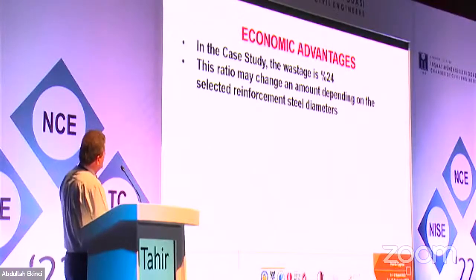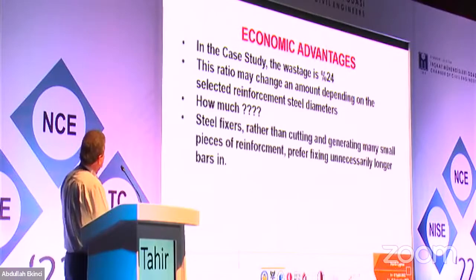This ratio may change depending on the selected reinforcement steel length. Of course, with larger diameter, relatively more change. But how much? You can discuss this. The steel fixer, rather than cutting and generating many steel pieces of reinforcement, prefers fixing unnecessarily long bars.